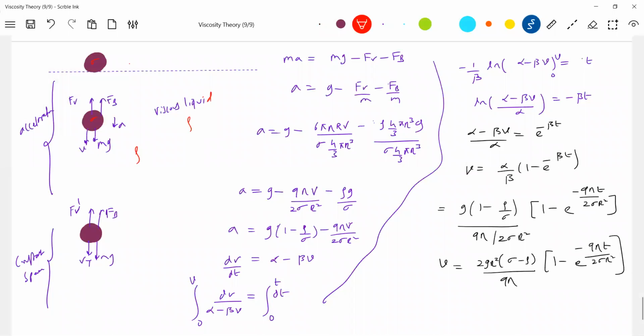It is released from rest here, released from rest at t equals 0. This is at any time t.